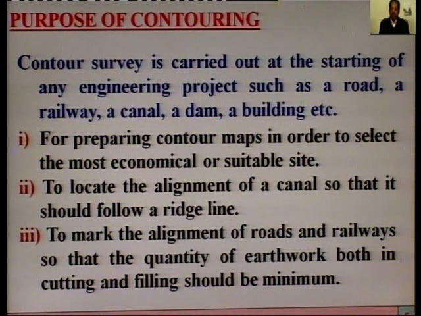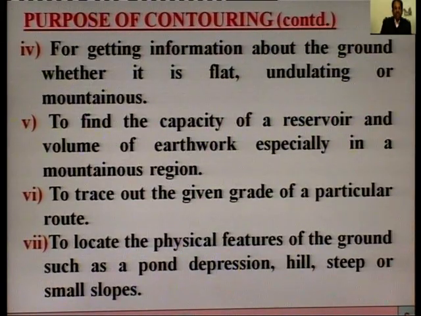Such an alignment should be chosen in which the quantity of earthwork, either in cutting or in filling, is minimum. The fourth one is for getting information about the ground, whether it is flat, undulating, semi-hilly or hilly area, or mountainous. So, generally to get an idea about the ground surface, we conduct contouring.